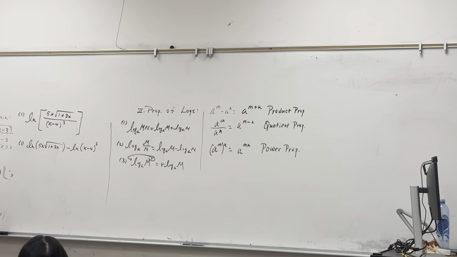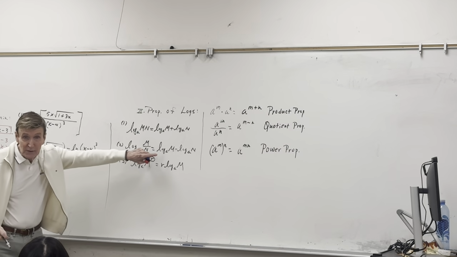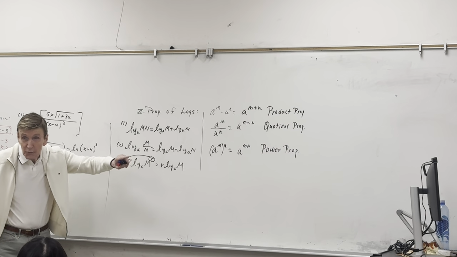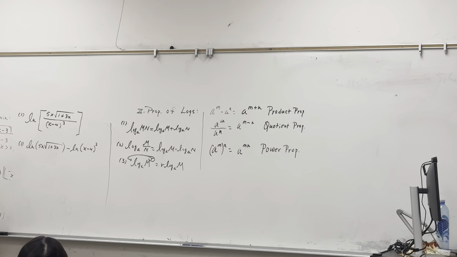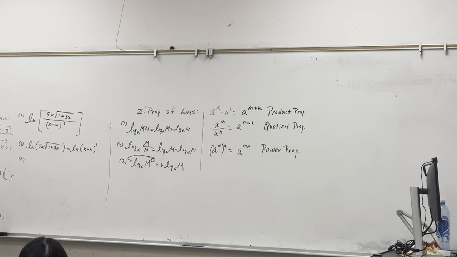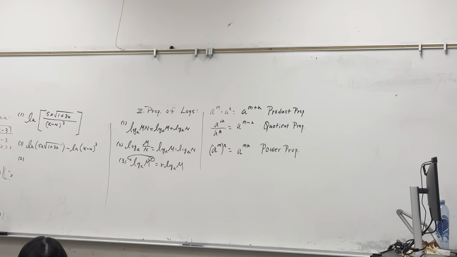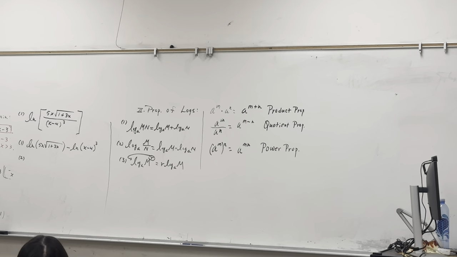Let me step back and make sure everything's copied down correctly. Would you guys agree with this? So far, so good? That's step 1, partial credit. Got to break it down as much as I can. Does anyone see another property that could be applied somewhere?